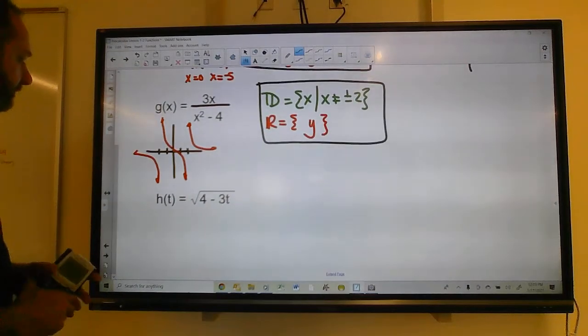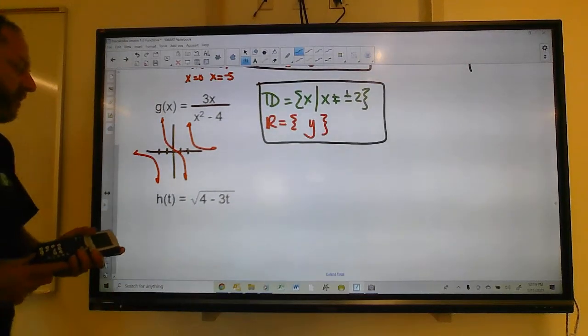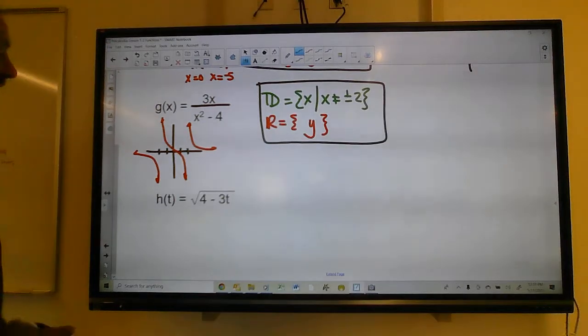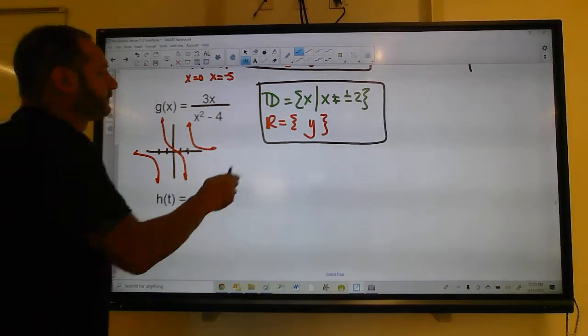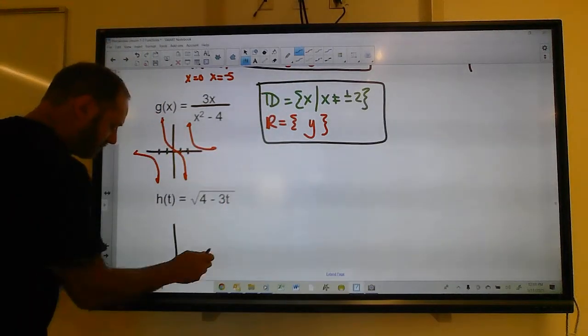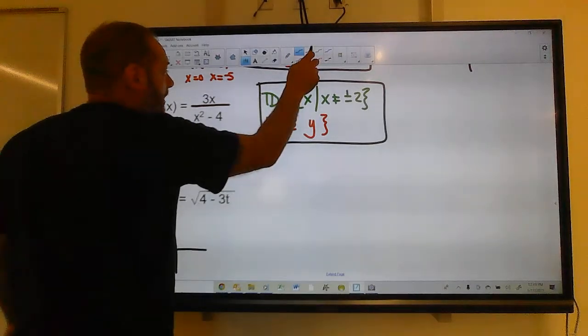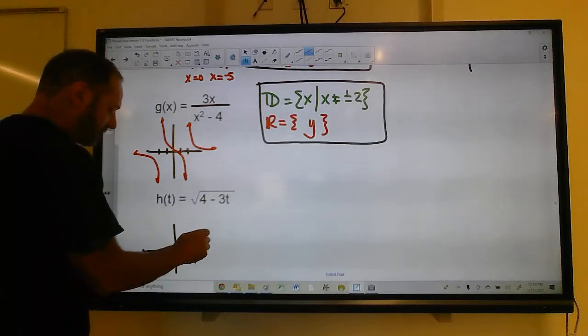Okay, what about this one? H of t is the square root of 4 minus 3t. Okay, so square roots. Square roots look like this, and they look something like this in general.